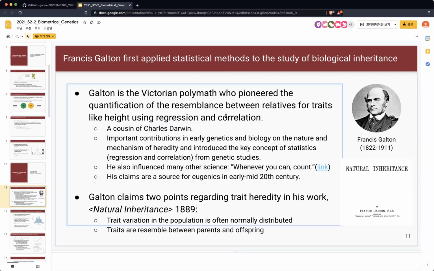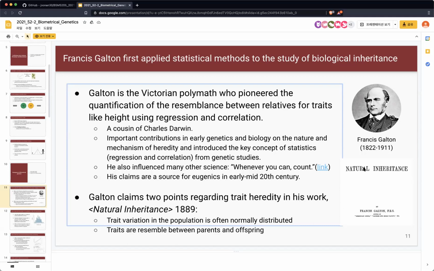But why didn't we know anything about Francis Galton? Because he was a source of eugenics in the early and mid 20th century. If you look at his book, like Natural Inheritance, written in the late 1800s, you can search for this book on Google and read the original text, and it is really politically incorrect.